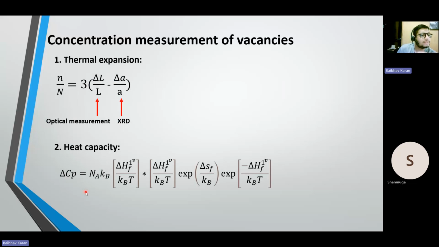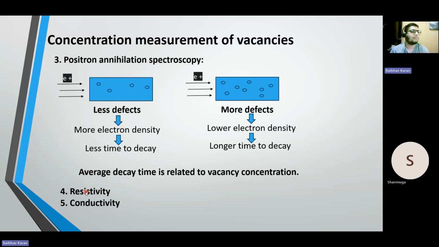If the defects or vacancies are present in a much higher concentration, those methods may be able to detect them. But when the concentration is very low, this is where positron annihilation spectroscopy comes into play. What is that method? Let's learn about that.